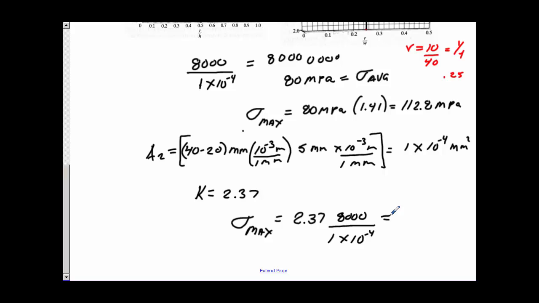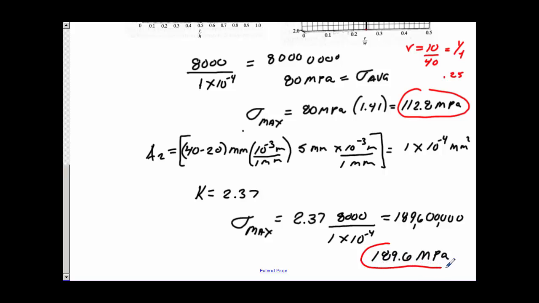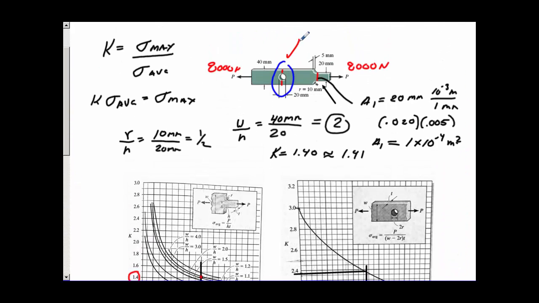Run that number, 2.37 times 8,000 divided by 1 times 10 to the minus 4, and that gives us a value of 189.6 megapascals. And that would be your correct solution. So right here would be your max stress. If you're looking for a failure mode, your failure mode would occur right here. Okay? Alright, best of luck.